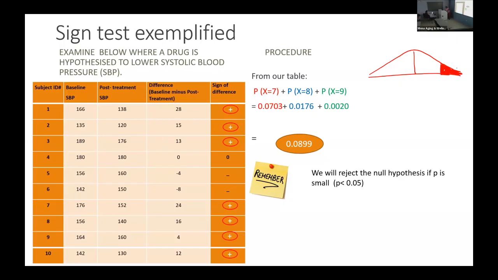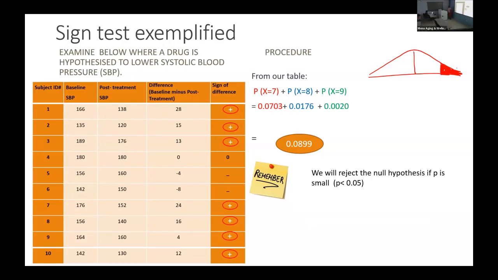What's another name for the proportion remaining in the tail after you have compared your computed statistic with that which exists in a table? Proportion remaining in the tail is called what? Yes, but what else? What do you know it as? I know you know this. It's okay. All right, it's fine. We'll figure it out.